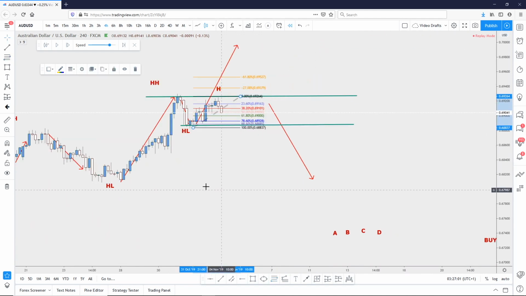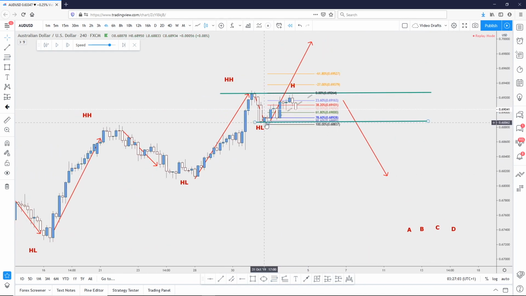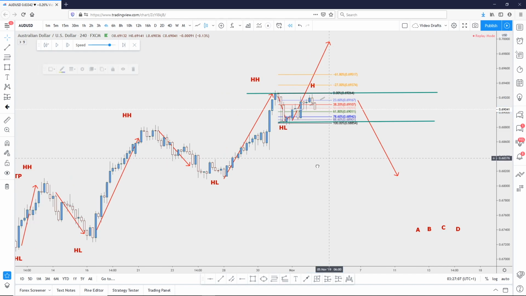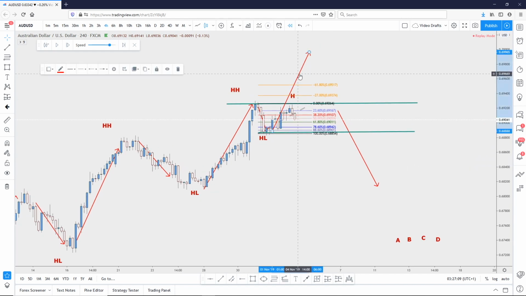Let me stretch this out a bit. So with Fibonacci, the definition of break of structure is when price retraces 100%, right? So from here, this was the new point A. Let's label it point A. We're expecting a higher high. It doesn't happen. It just makes a high that's equal to this level.